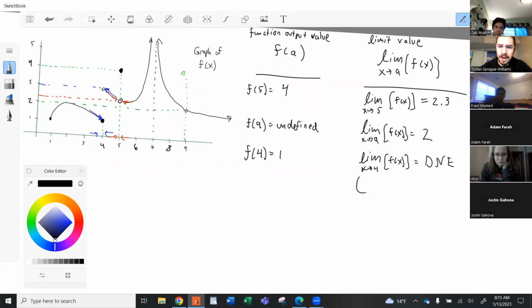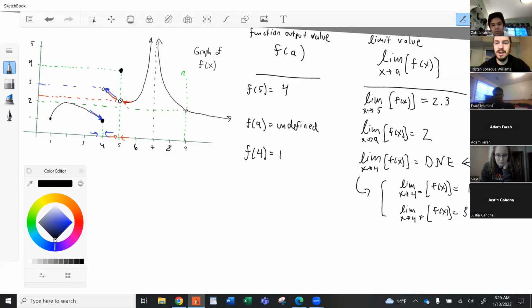We could break that down, and if we wanted to be more specific, we could say the limit from the left side of the function does exist, and that limit is 1, whereas the limit from the right side at 4 also exists, and that equals 3. But the fact that these are not equal to each other is what tells us this doesn't exist. That's one of the ways that a limit could not exist.